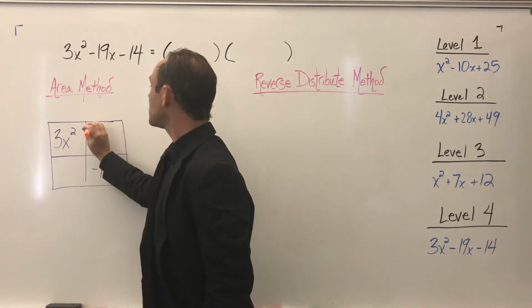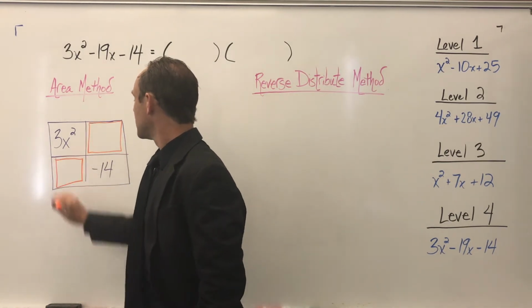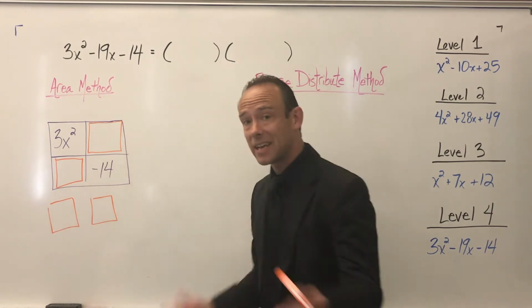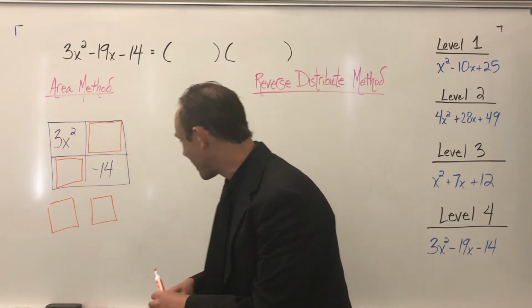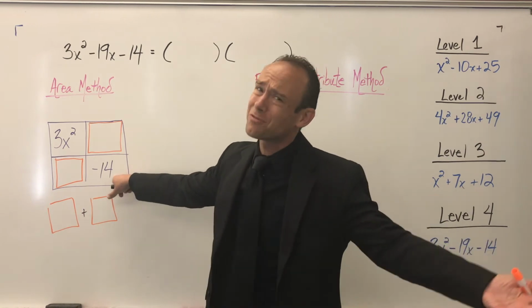But what we do know, which is the same thing we've known before, is that these two terms have to add to negative 19. And that's going to be kind of the big check, right? Because we're going to be able to get this thing to equal negative 14.